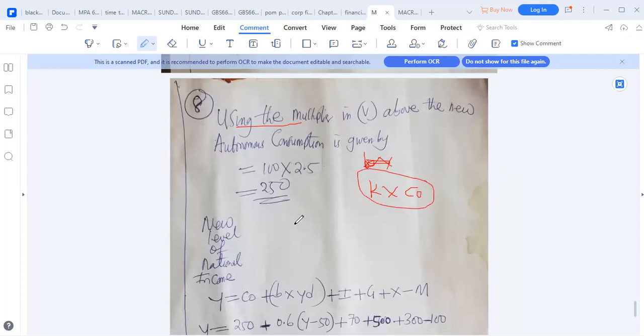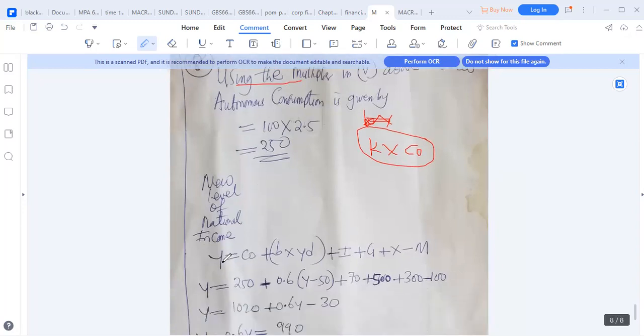So if the government spending has risen to 500, we are going to have the new level of income Y equal to the new autonomous consumption, plus b, which is 0.6, multiplied by Y, the disposable income, minus 50, which is the taxation, plus the new government spending risen to 500.